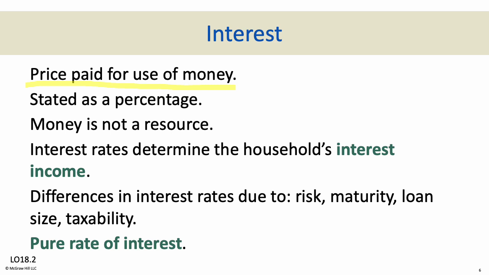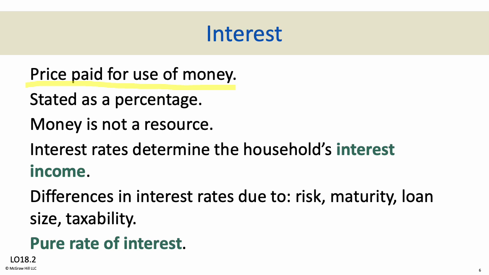That rate might be good now, but if there's a lot of inflation, it may not be good 10 years down the line. Loan size. Larger loans generally have smaller interest rates than smaller ones. Think of a home mortgage or something like that. Larger loans have less of an interest component based on the size. And taxability. If the interest is tax exempt, the borrower will receive a lower rate. So keep that in mind there.